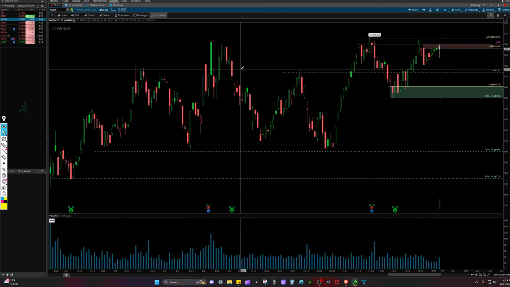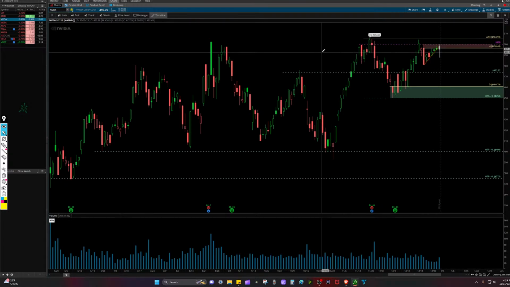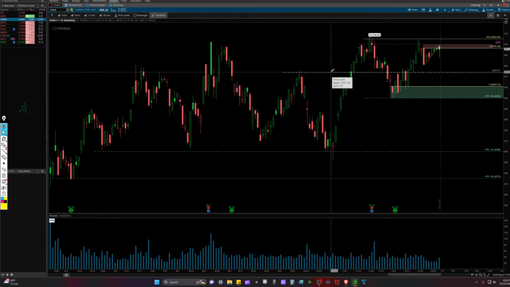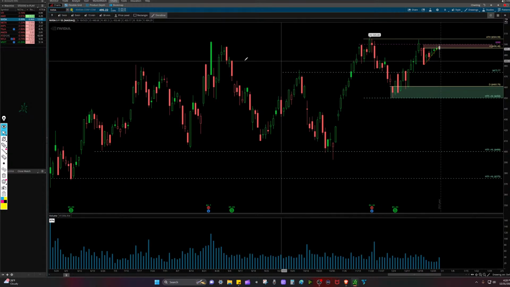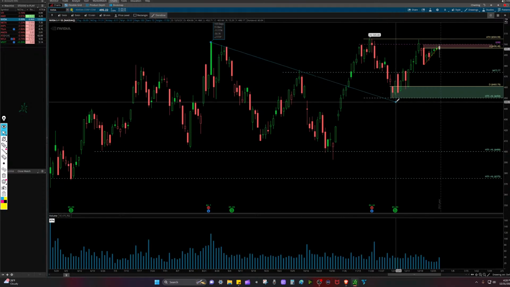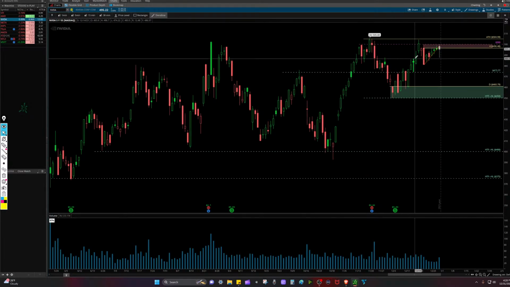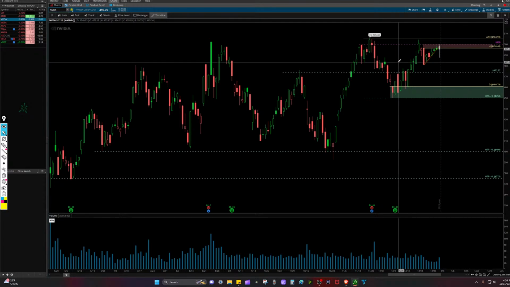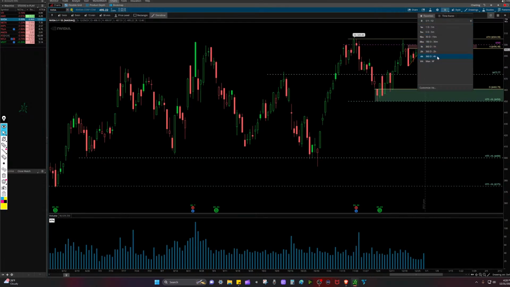So while I'm trying to find a possible setup, or trying to draw my supply and demand zones, or support and resistance, or trend line, I need to keep this in mind, that this stock is moving in a very healthy uptrend, and whatever I do, whatever I come up with, needs to be aligning with that.